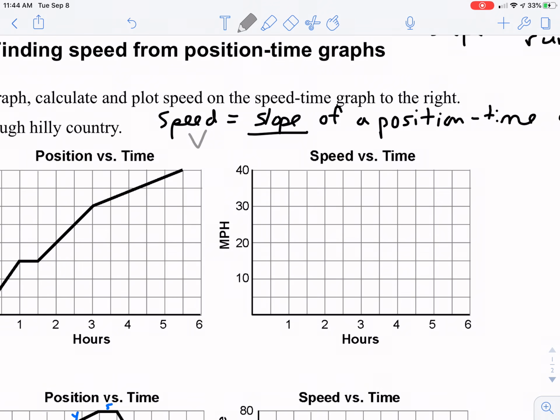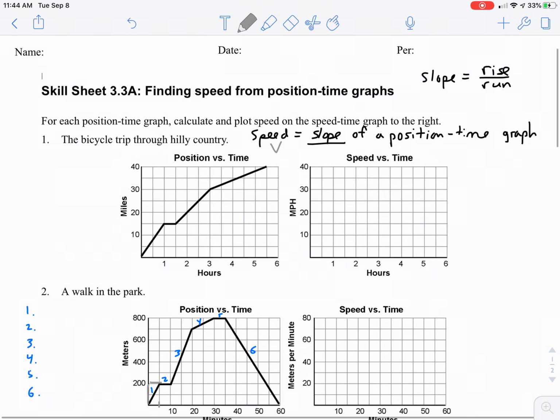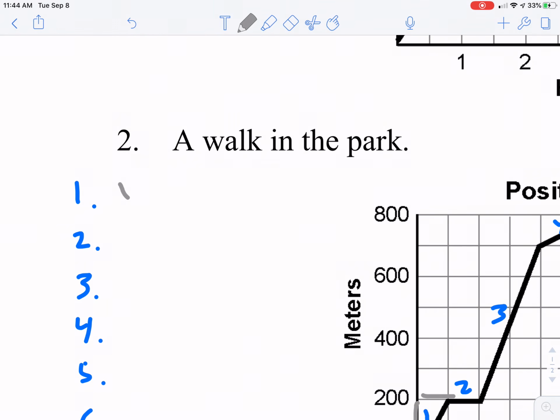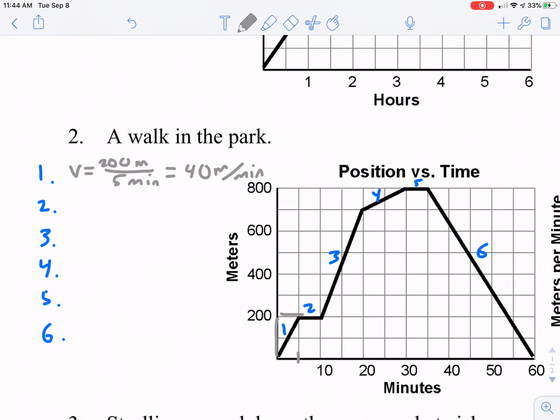Speed, v, is the slope of the position time graph. So over on the side here, I'm going to write v for speed and velocity equals 200 meters in 5 minutes. Okay, and now we just need to divide the two. 200 divided by 5 is 40 meters per minute. Okay, there's the first one.